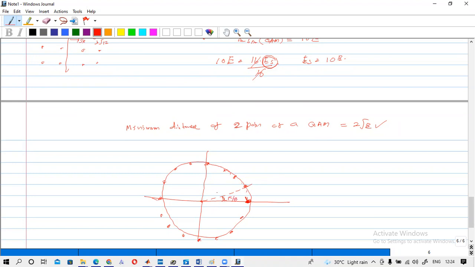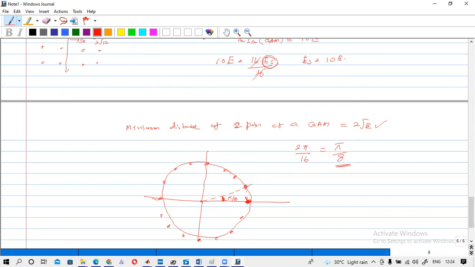The total angle is 2 pi, and you divide that 2 pi into 16. So you will have pi by 8 for the angle between these two adjacent points.